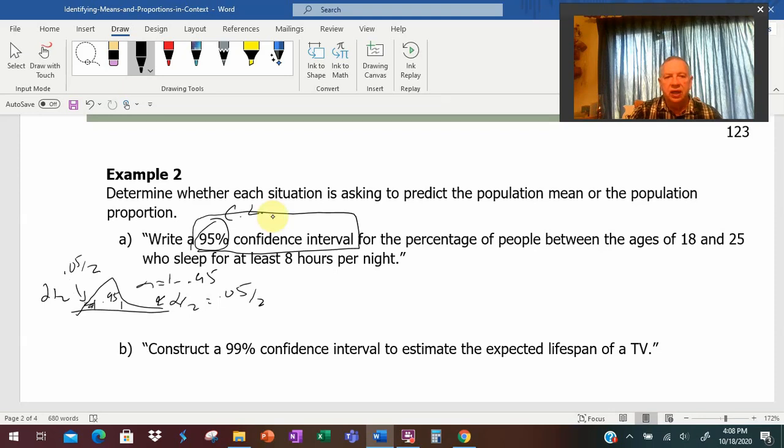Okay, so that goes with the confidence interval that you're going to do. For the percentage of people between the ages of 18 and 25, that is the population proportion that you're going to be working with. So this piece says proportion.